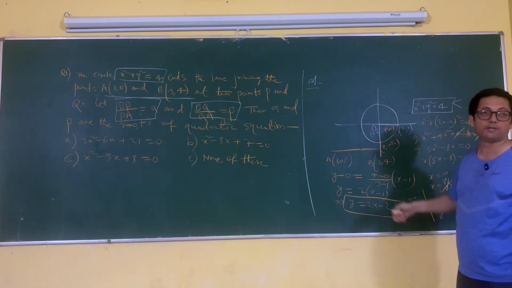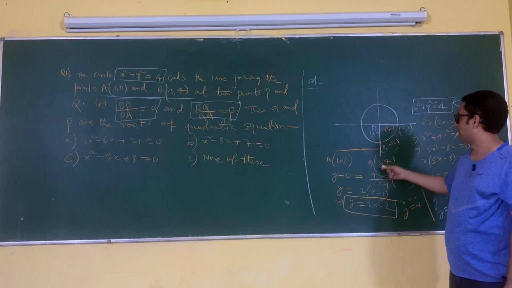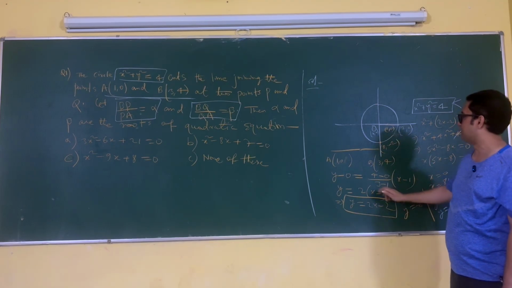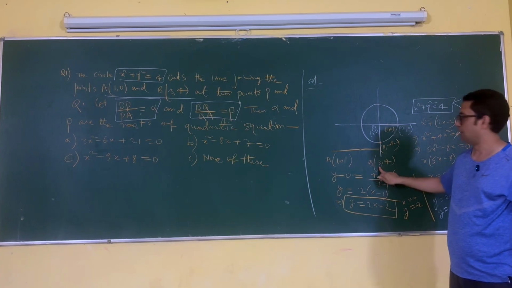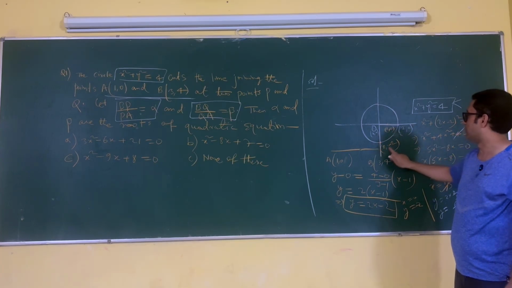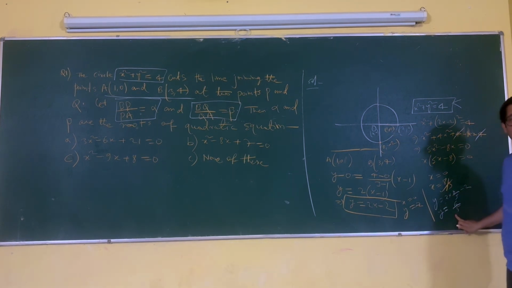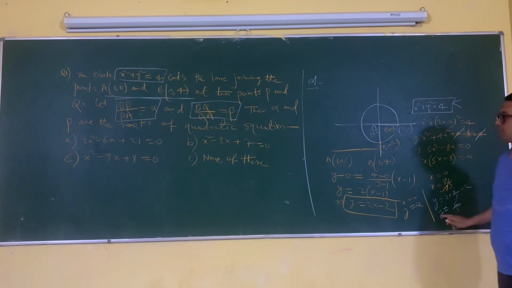So all are collinear points basically. We have taken the equation of the line passing through the points 1, 0 and 3, 4. So the same line is intersecting the circle at 0, minus 2 and 8 upon 5, 6 upon 5. 8 upon 5 and 6 upon 5, they are in the first quadrant basically, both are positive.